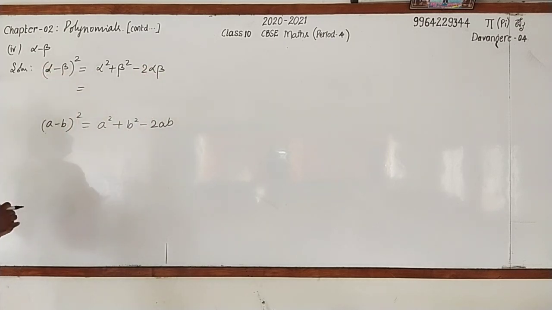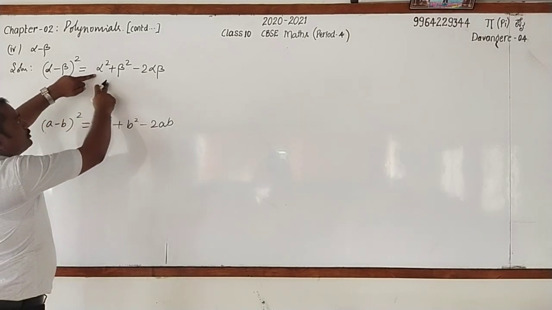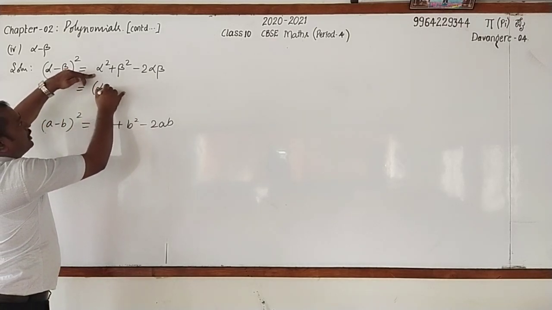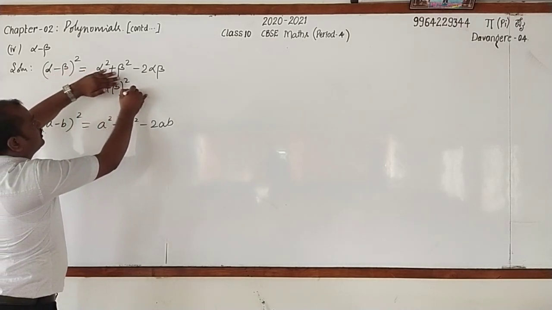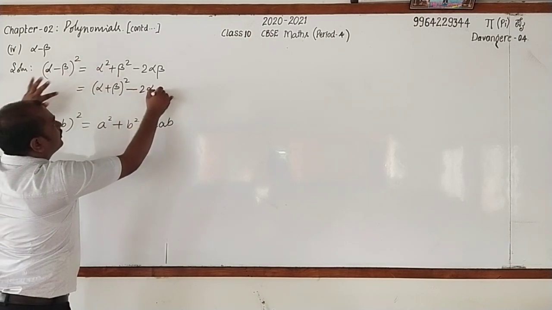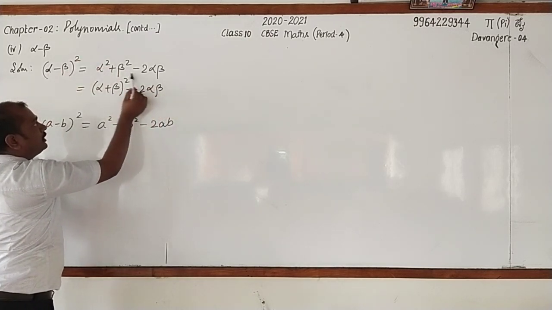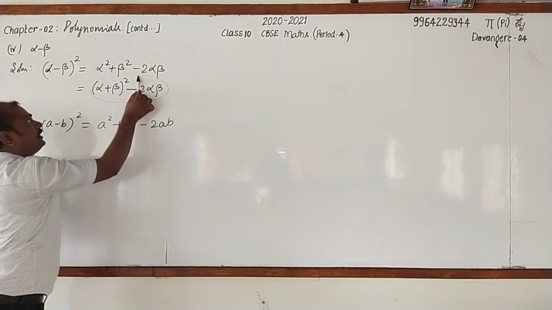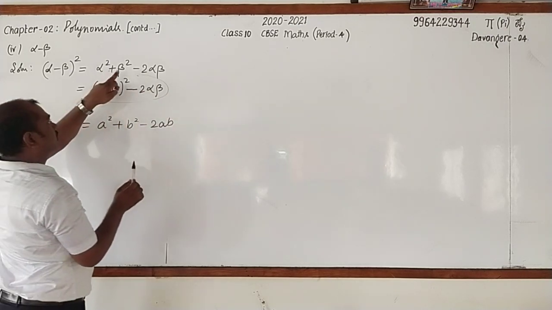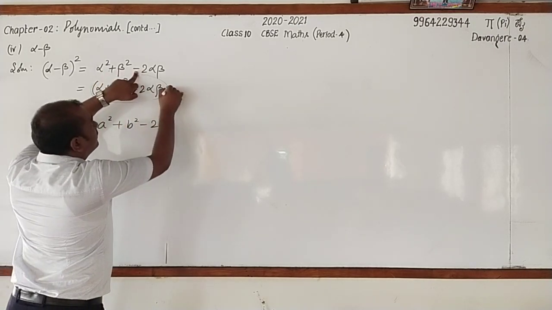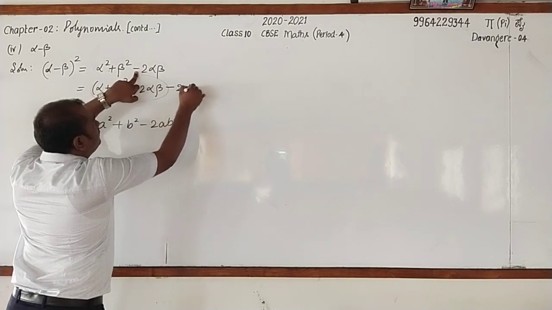And alpha square plus beta square should be expanded. How? Alpha plus beta whole square minus 2 alpha beta. Please do remember, this much is related to only alpha square plus beta square. Now remaining minus 2 alpha beta.